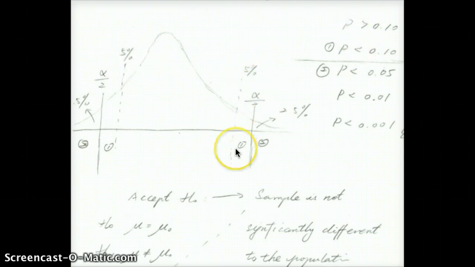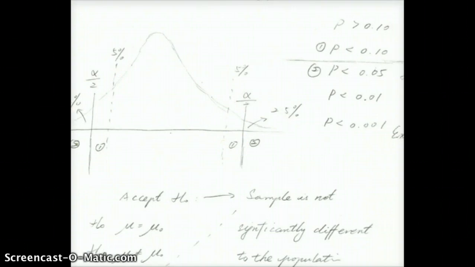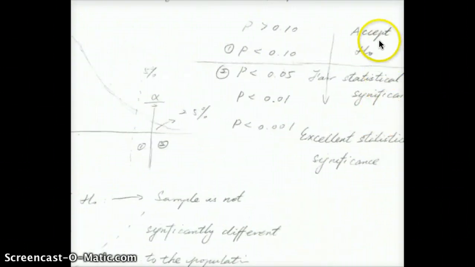If it is in the do not reject area, we have to accept H0. Actually, it should be that we do not reject the null hypothesis.